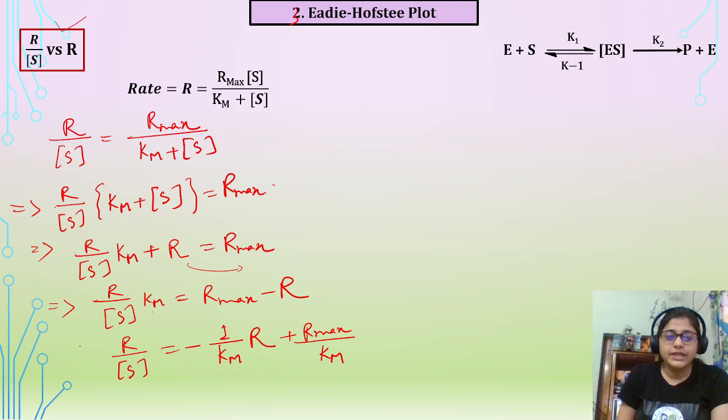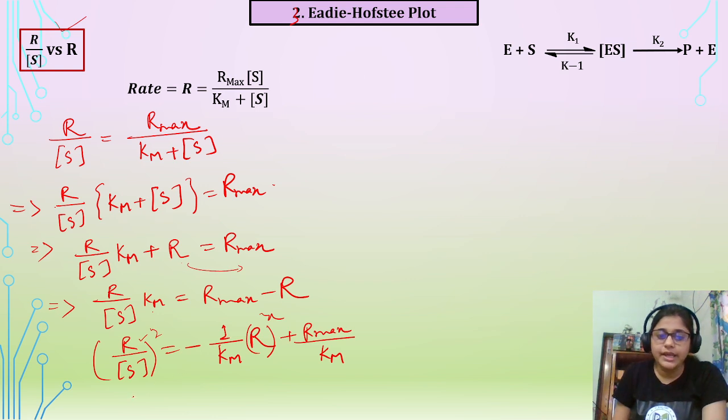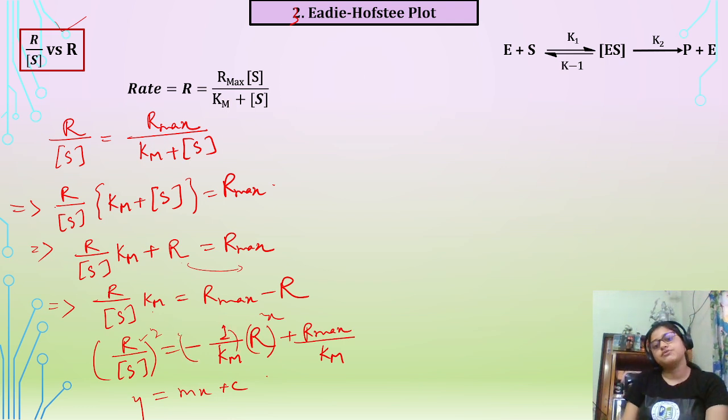So here you can see this is R by S and R. This is Y, this is X. Now it can be compared with Y equal to mx plus c. Intercept is positive, but here the slope is negative, minus 1 by Km.